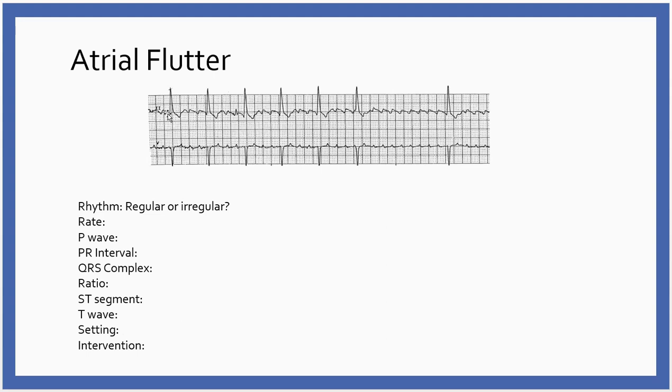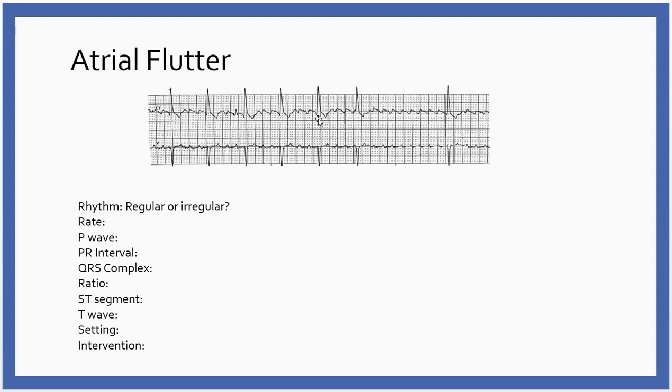So I still have flutter waves, and that's why you'll see some differences with the QRSs and even my ST segment depression and my T wave. I can't really tell where the ST segment is, so I'm going to find the cleanest one. I have no P waves, so I can't do a PR interval. I could probably do a QT.